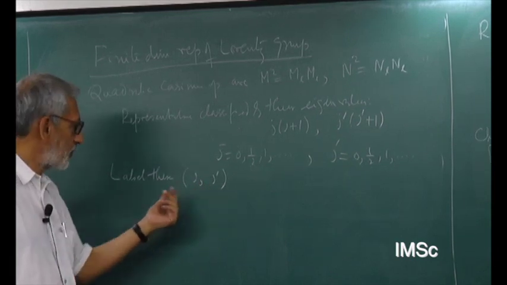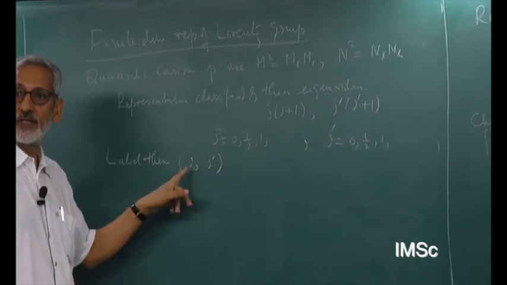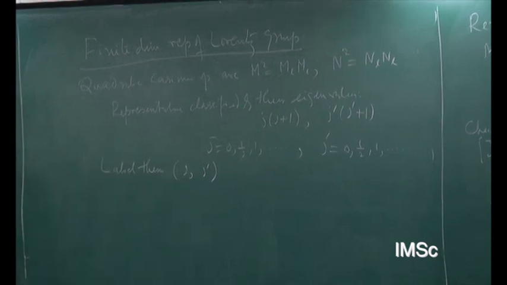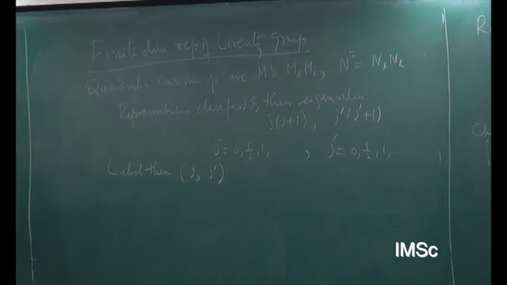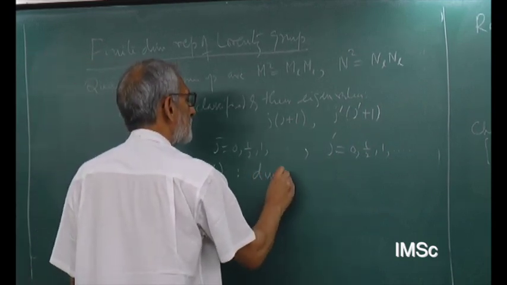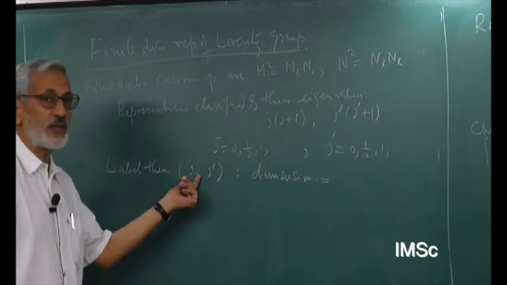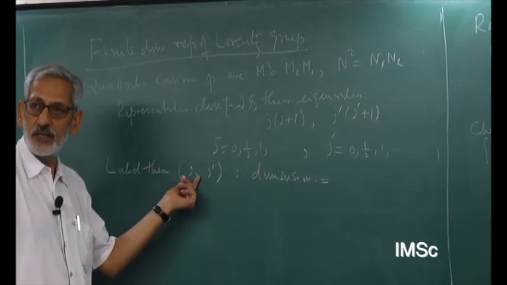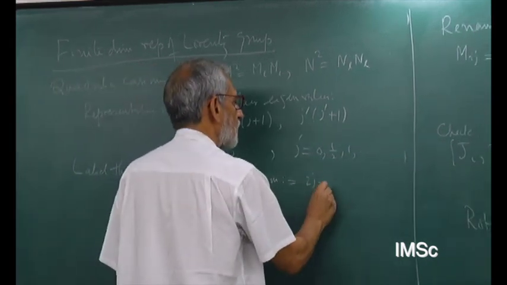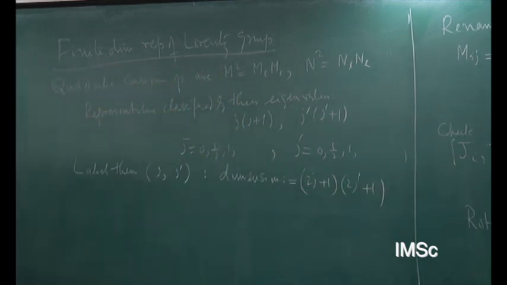So you label the representations of the Lorentz group by specifying two half integers, which are the values of j and j prime. Dimension of such a representation: from SU2 we learned that the dimension of a spin j representation is 2j plus 1. So we have 2j plus 1 times 2j prime plus 1. That's the dimension of the representation.